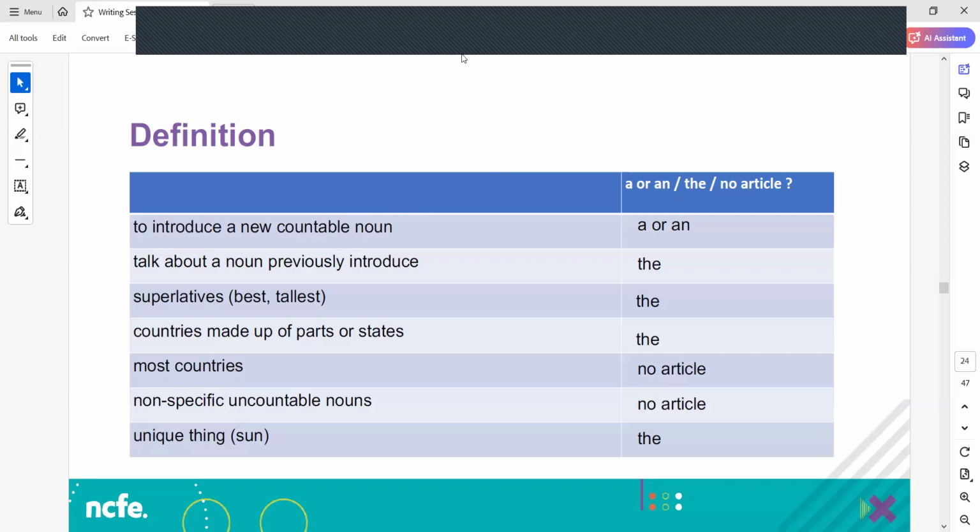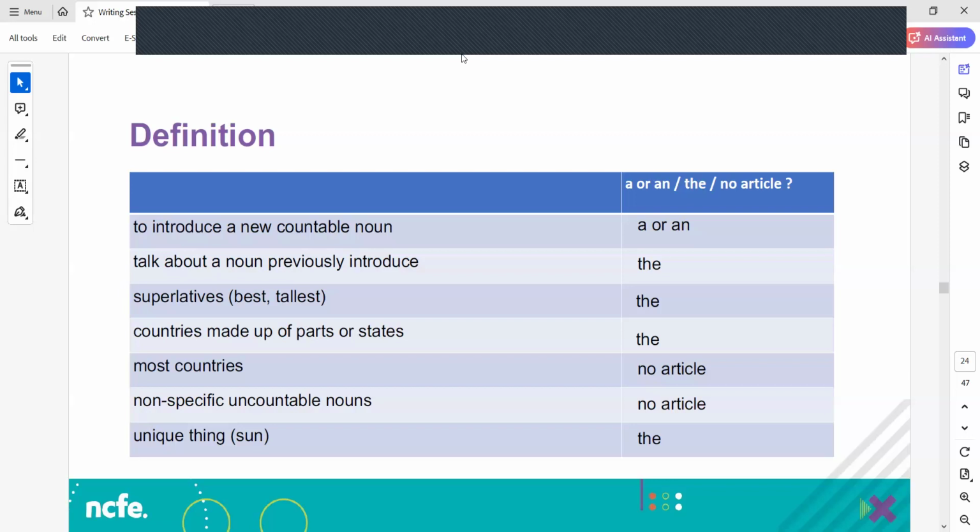So the definition, and are we using a or an? Remember, an is the same as a, but just if the next word begins with a vowel. So we're using a or an, the, or there isn't an article. To introduce a new countable noun, so a chair, a tree, we use a or an.